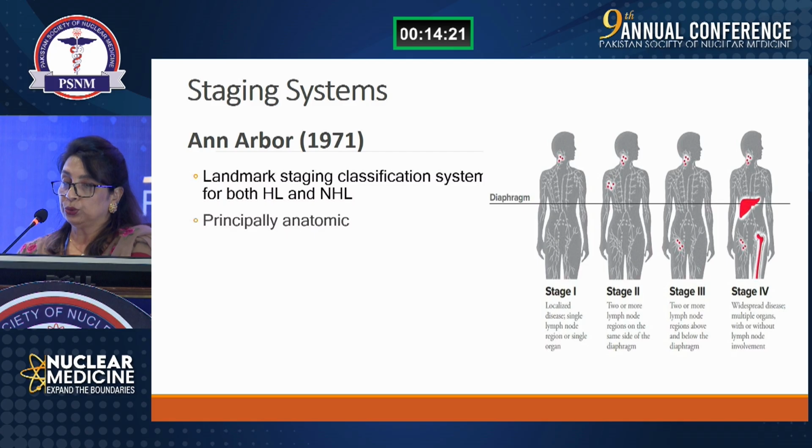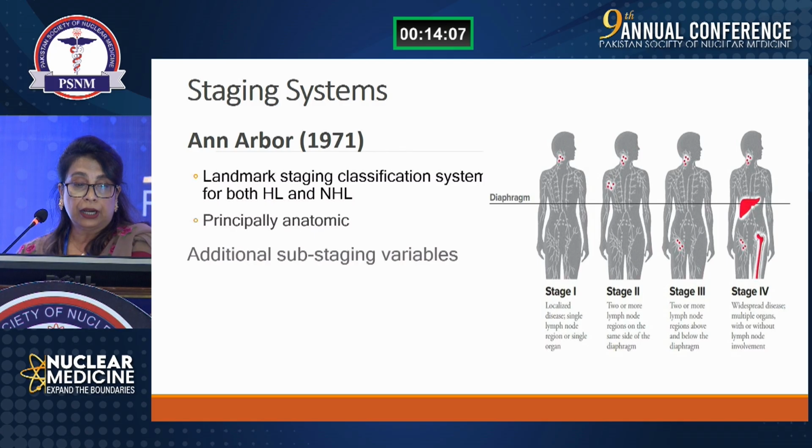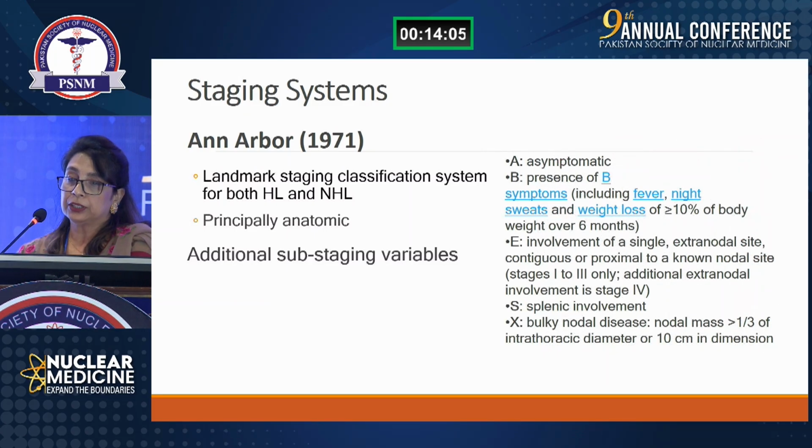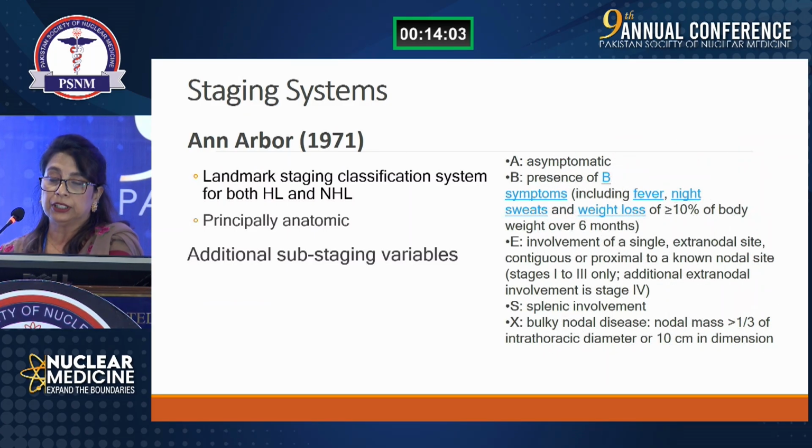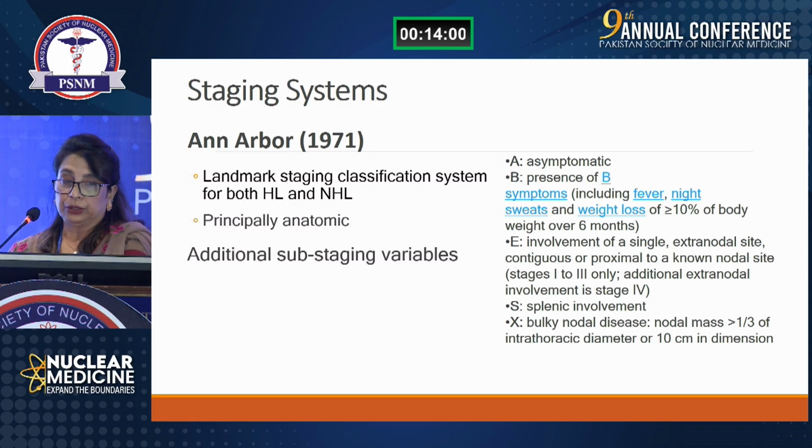Stage 2 involves nodal stations which may be above or below the diaphragm. Then stage 3, where you cross the diaphragm, and then stage 4, where there is widespread disease to multiple organs. Of course, there are other additional substaging variables that are considered with this Ann Arbor staging system.